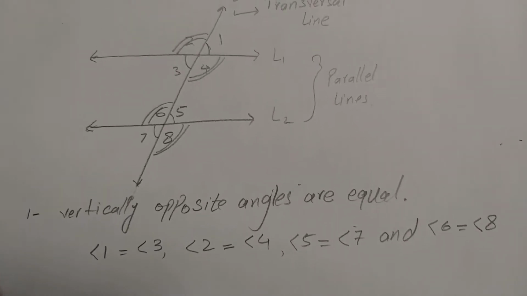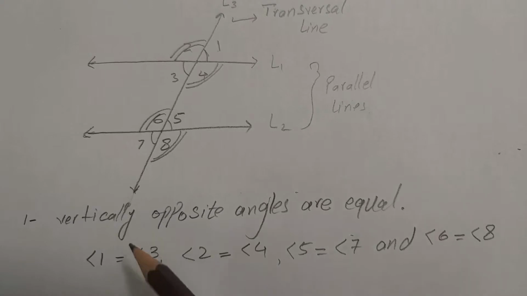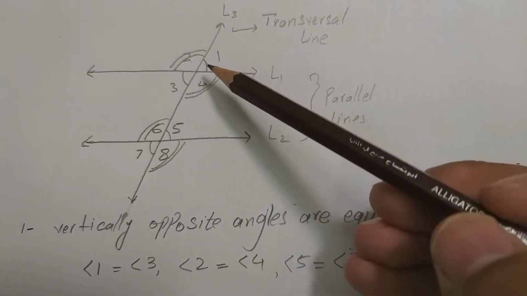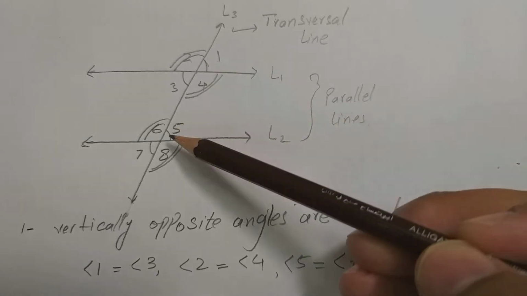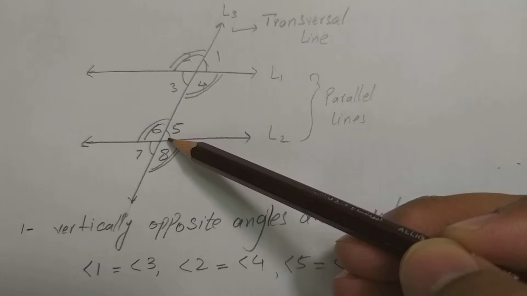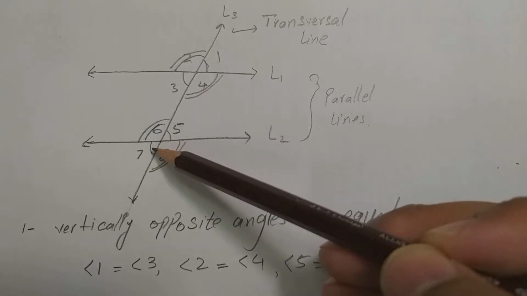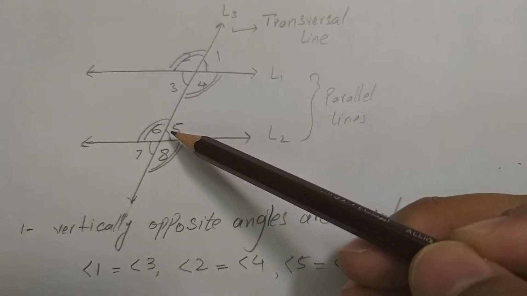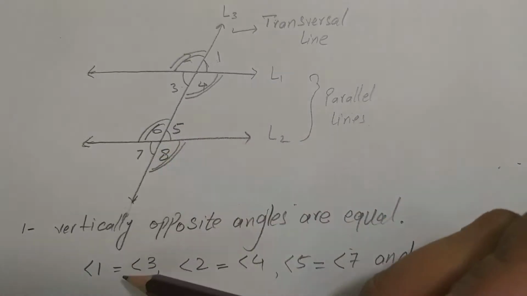Now if we observe these angles along a single line, they are equal. So 1 equals 3, 3 equals 5 and 5 equals 7.